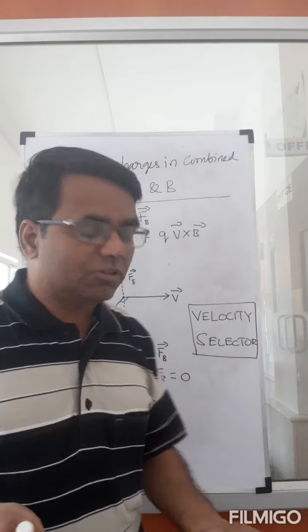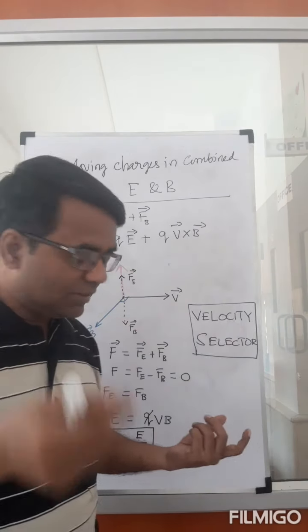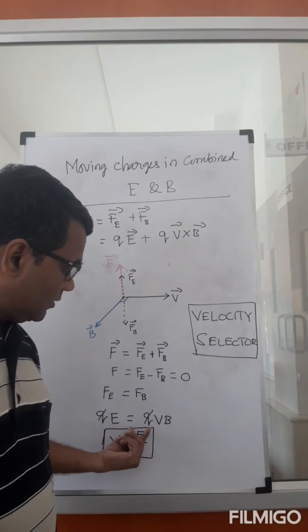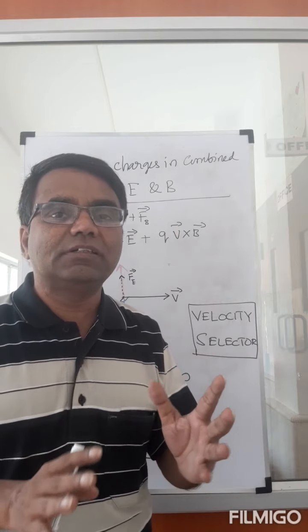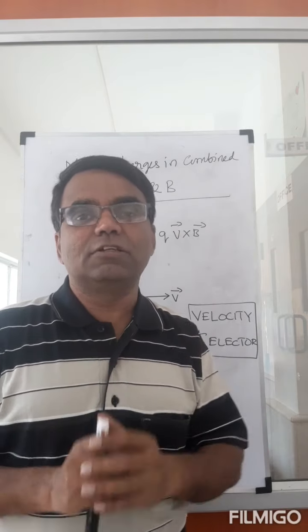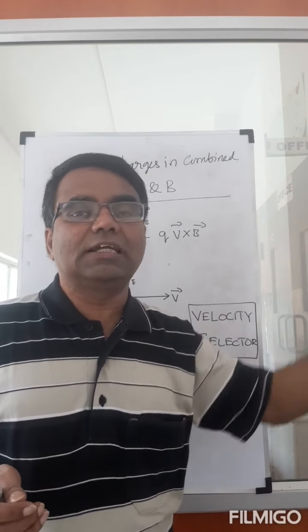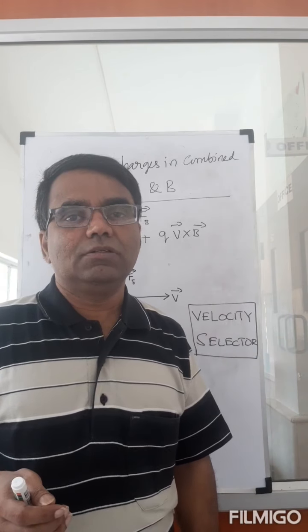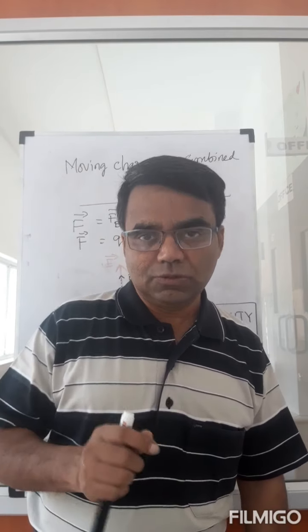And what speed you want can be decided by this quantity E by B. You can adjust E and B in such a way that you get the speed of your choice, and only those particles will collect. So you call this a velocity selector. Hope this is clear to you.